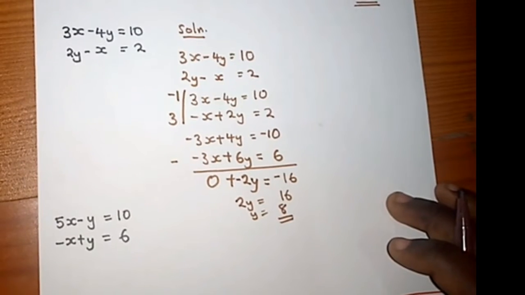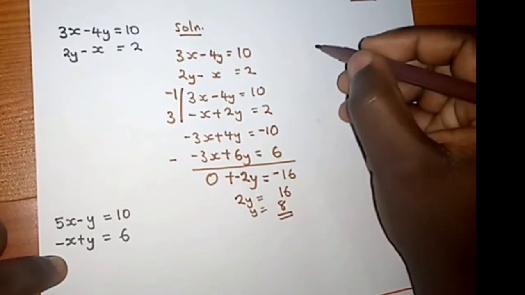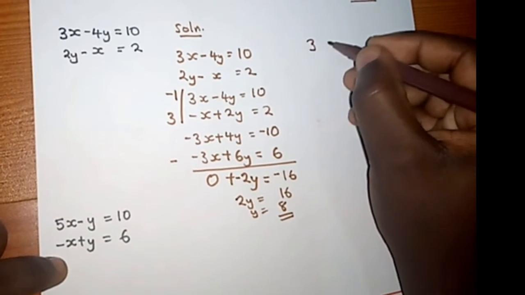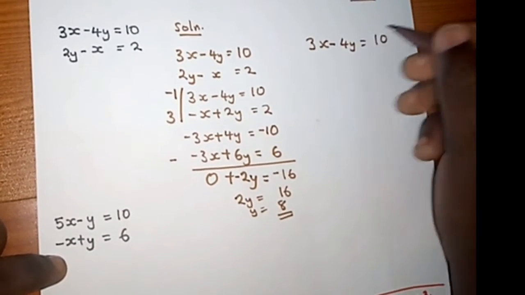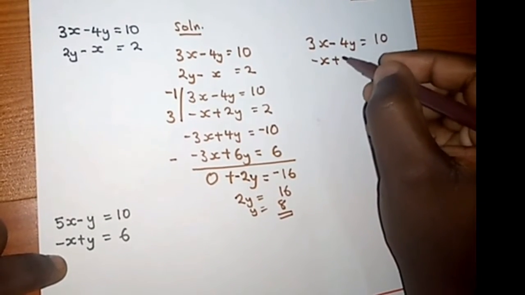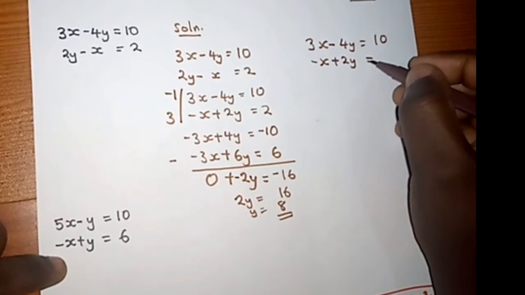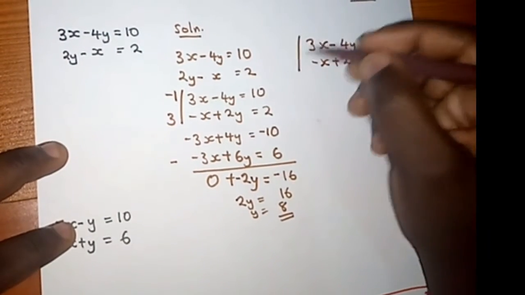So let us find the value of x now. I write 3x minus 4y equals 10, and minus x plus 2y equals 2.